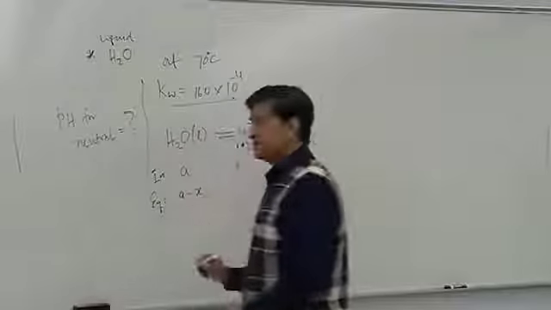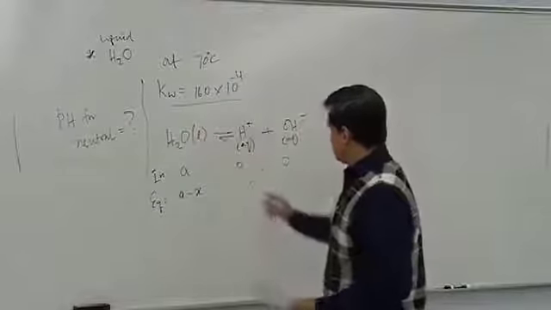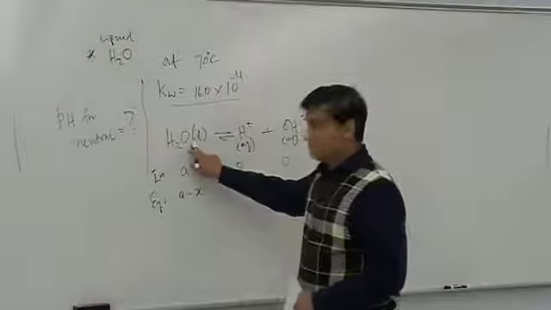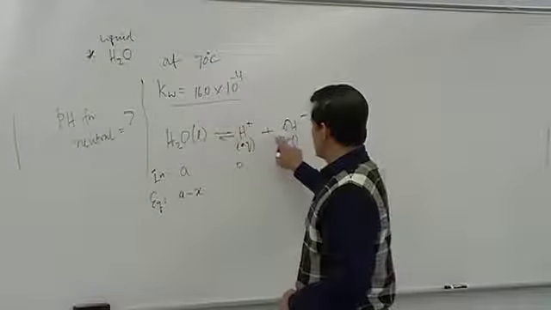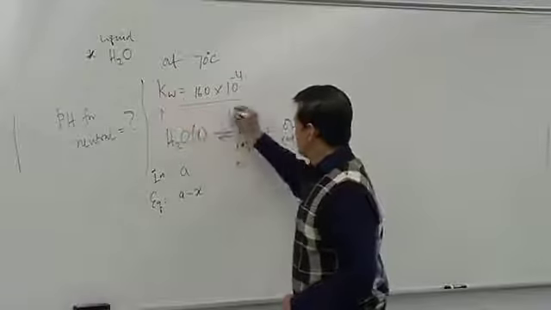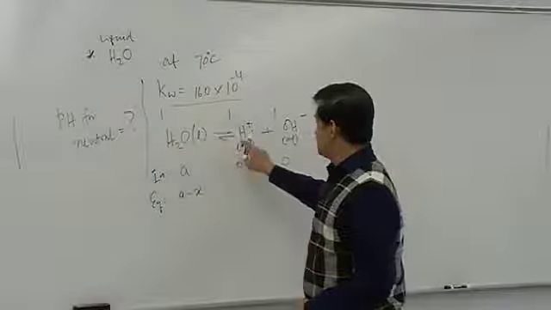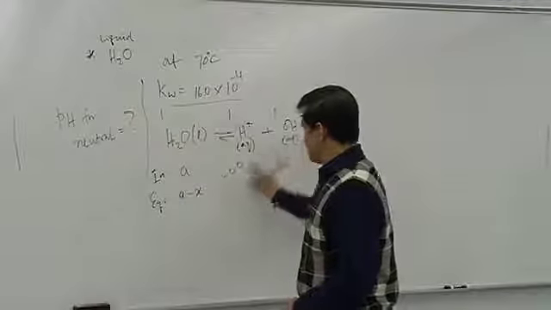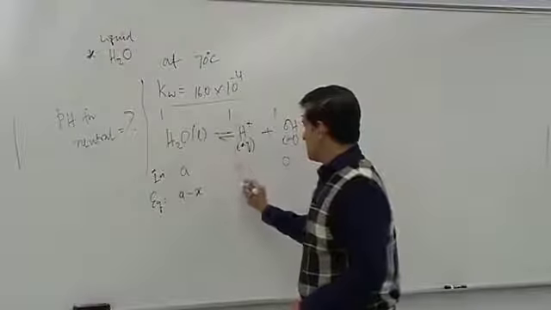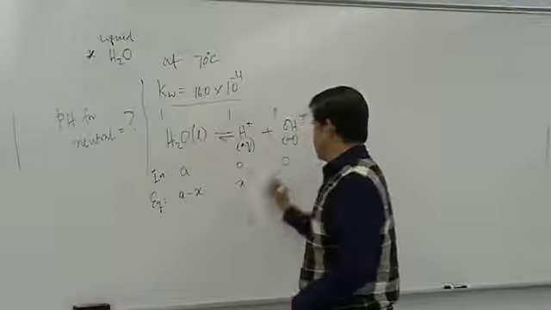X is the quantity that breaks down. If one breaks down, you get 1 H plus and 1 OH minus because of these coefficients. When 2 H2O break down, you get 2 H plus and 2 OH minus. When X of water breaks down, you get X here and X here.